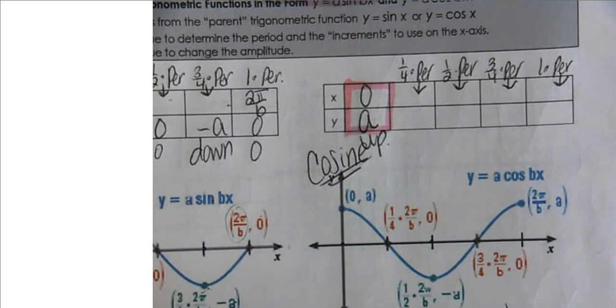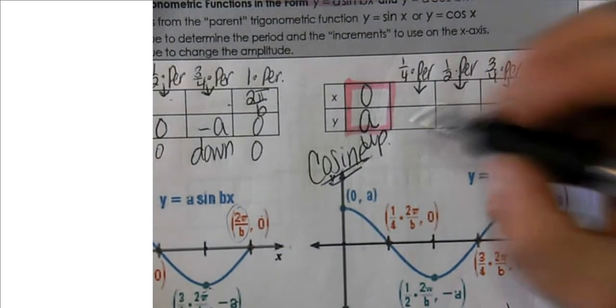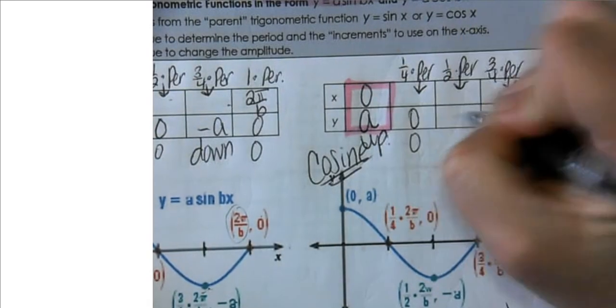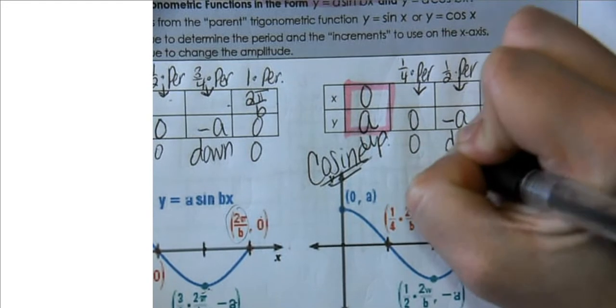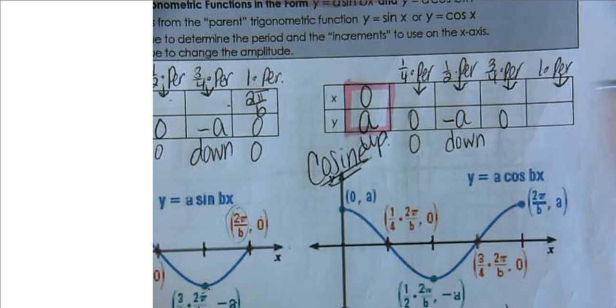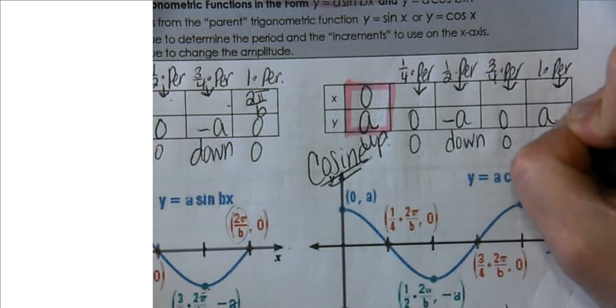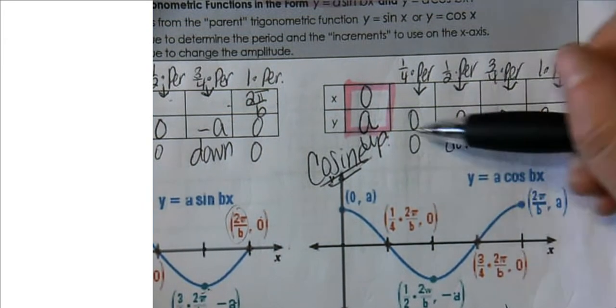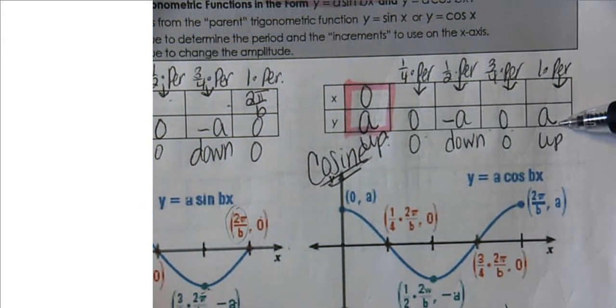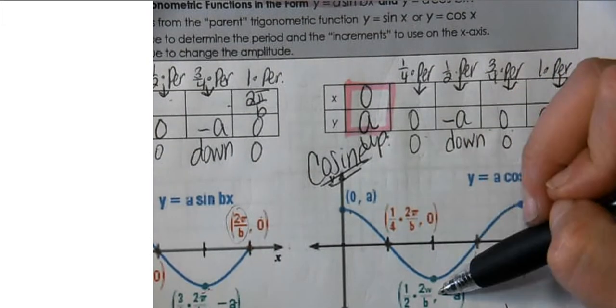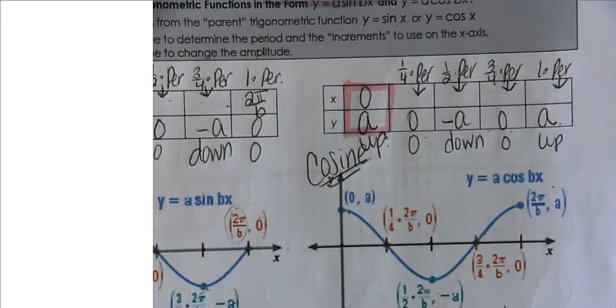Your y position is going to be up, 0, down to negative A, back to 0, and then up to A again. Up, 0, down, 0, up. So that's the pattern. That is something to study.